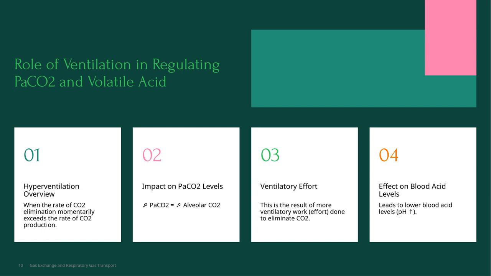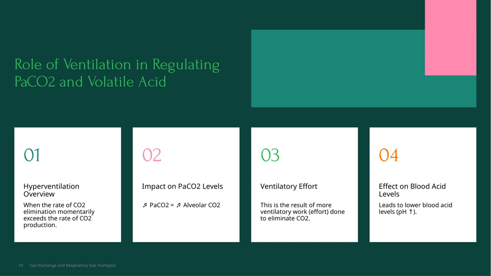This decrease can have significant effects on blood chemistry and overall acid-base balance. Ventilation plays a crucial role here because it helps regulate PaCO2 and, consequently, influences volatile acids like carbonic acid. When ventilation increases, it effectively removes more CO2 from the blood, which in turn impacts the blood's acid-base status.